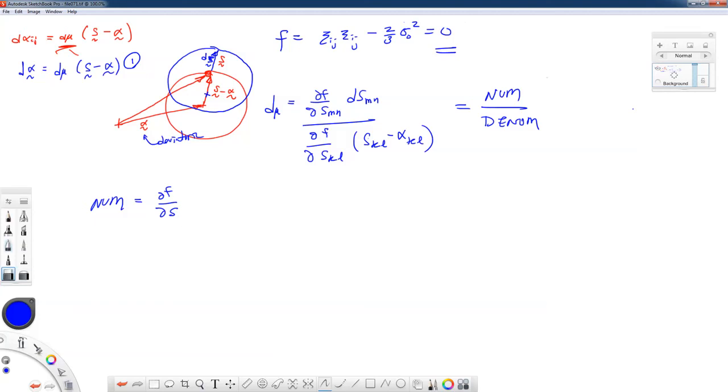I may not write them all down. We'll get started: partial of f with respect to s11, ds11, plus the partial of f with respect to s12, ds12, and so forth, till finally we get to the partial of f with respect to s33, ds33.